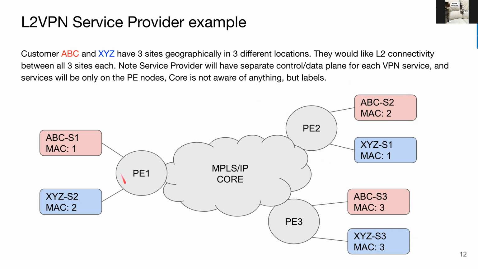So within the core, we don't know anything about our customer or network structure. This is showing an MPLS core, so we just care about labels. And we're gonna pop and push our encapsulated L2 data between our data centers with no issues.